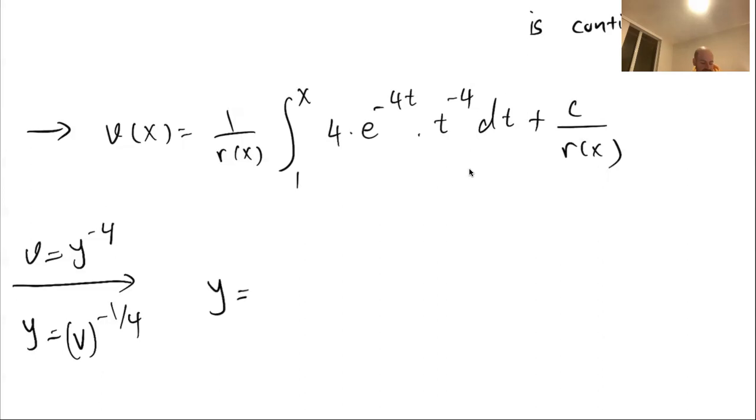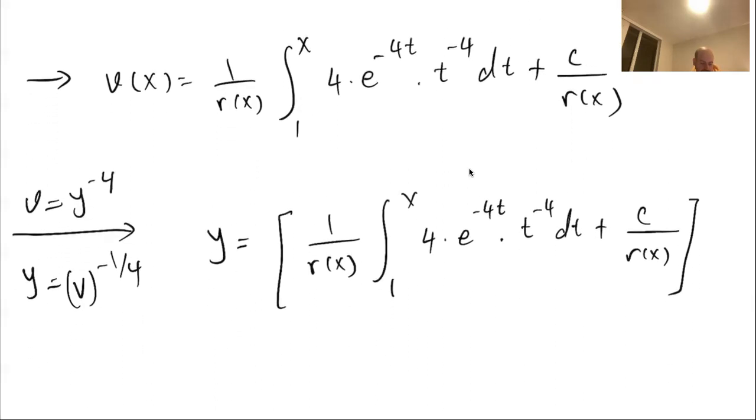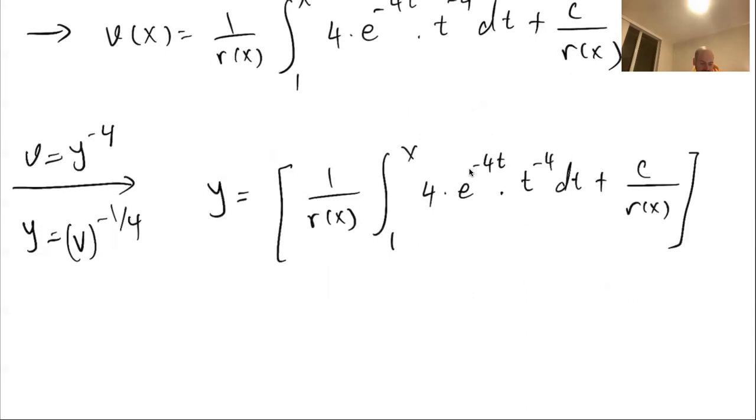So y will be equal to, I already have the formula for v, 1 over r of x, integral 1 to x, 4 e to power minus 4t, t to power minus 4, dt plus c over r of x, and then the whole raised to power minus 1 over 4.